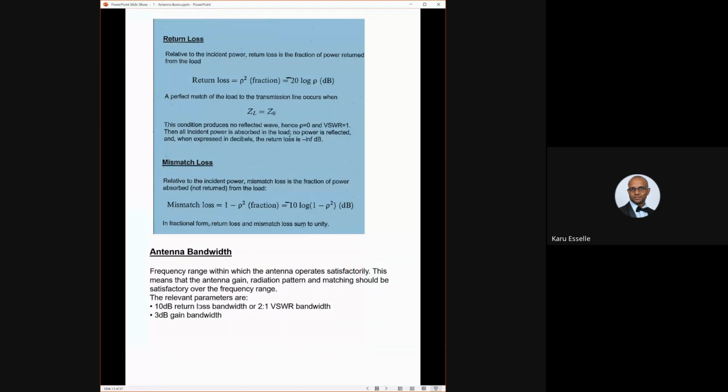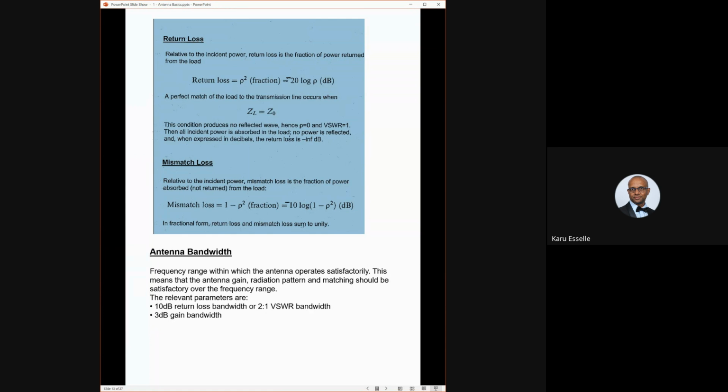So because of this, people define things like 10 dB return loss bandwidth. That is the bandwidth within which your antenna has a return loss greater than 10 dB, and that's almost equal to the 2 to 1 VSWR bandwidth.